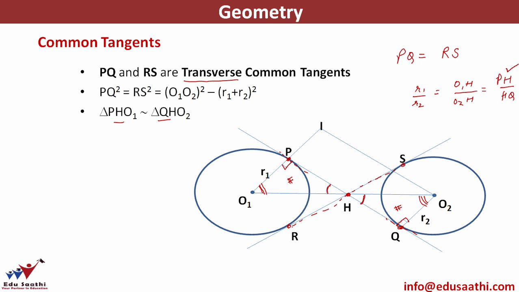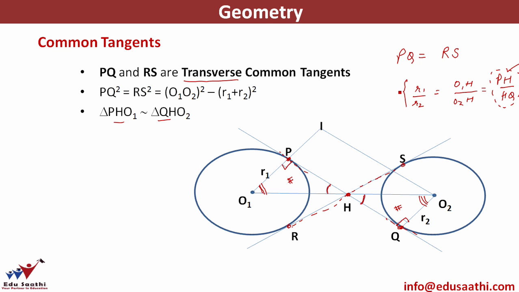The length of the common tangent is also divided in the ratio of their radii. So if the radii are given, I can find out the length of the line joining their centers, and I can find out the lengths of O1H and O2H. Then apply Pythagoras separately in both of these triangles and find out the lengths of PH and HQ. Add them up to find out the length of PQ.